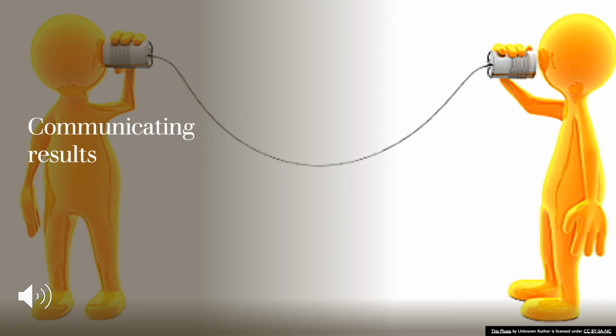For me, in terms of data informing decision making, how we communicate the results is a really key part of this process. Who am I communicating these results to? In what format are they more likely to engage with the results of my data gathering, my data collection, and my data analysis?